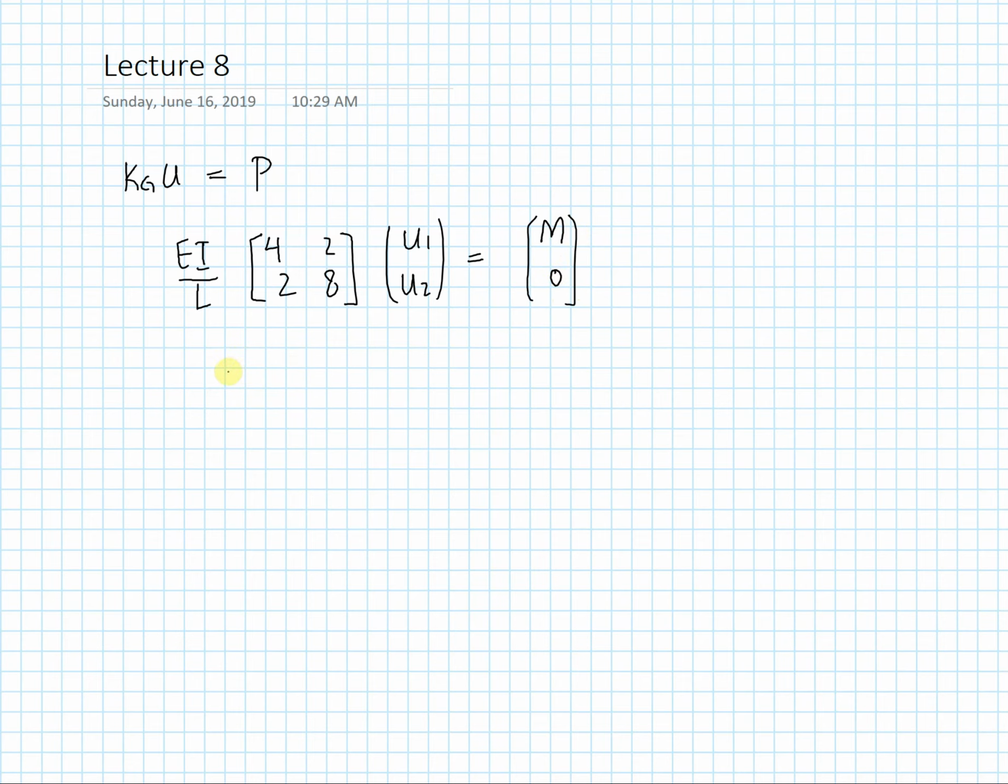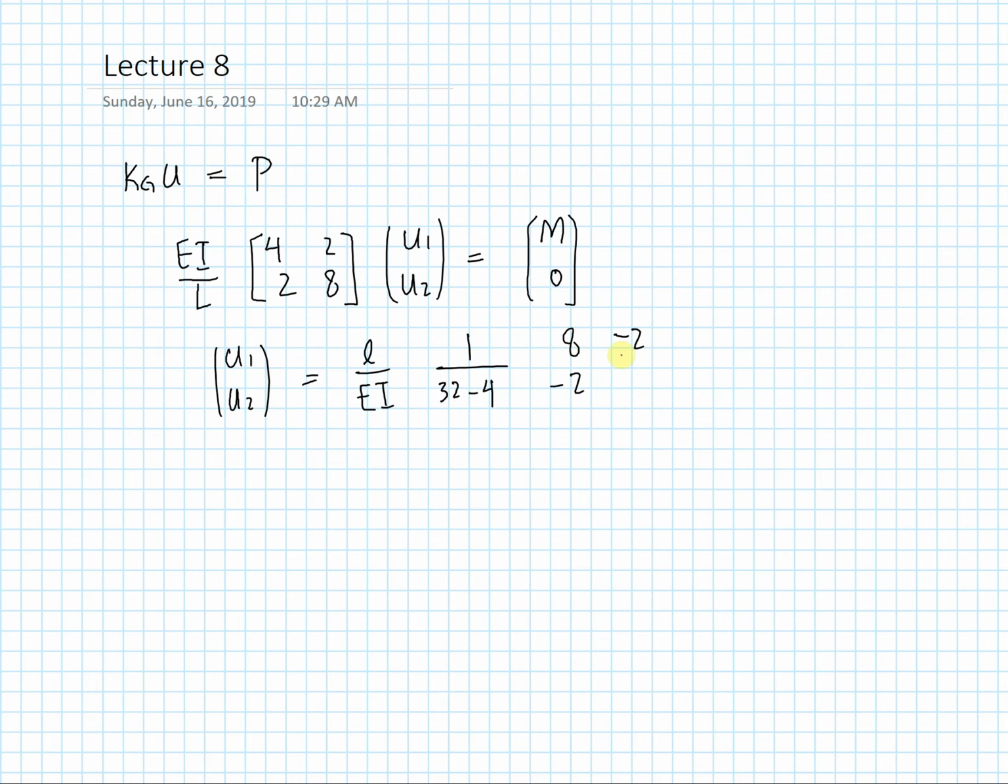Okay, so the first thing we got to do is to really invert a 2 by 2 matrix, and that's kind of tricky. We have to remember to calculate the determinant of this matrix. So we got 4 times 8, 32, minus 2 times 2, so minus 4, and then we've got to change the signs of the diagonals, so minus 2 and minus 2, and change the position of the other diagonal.